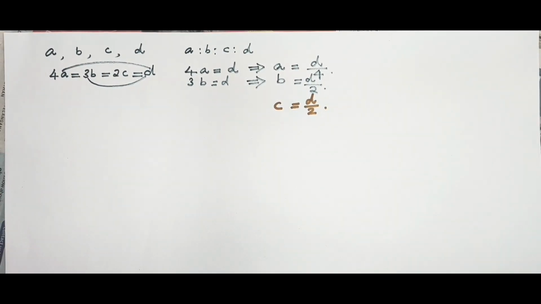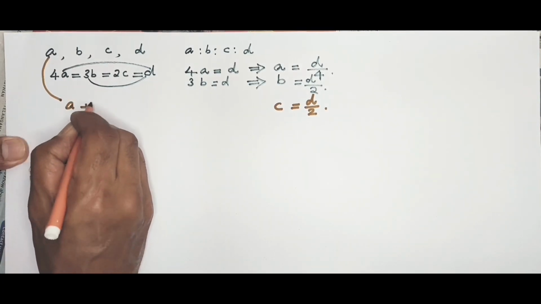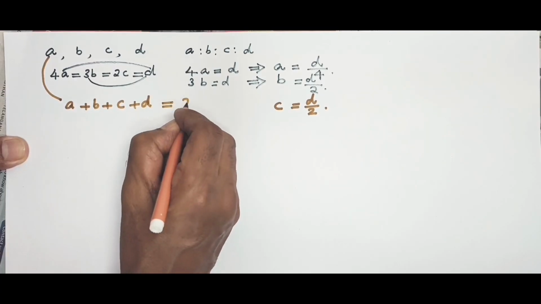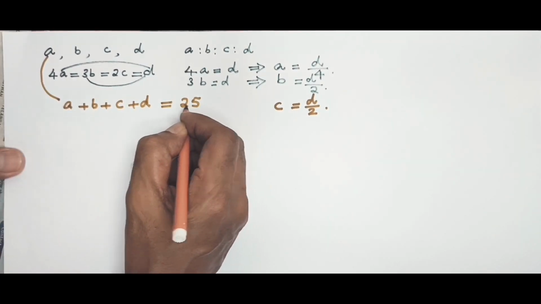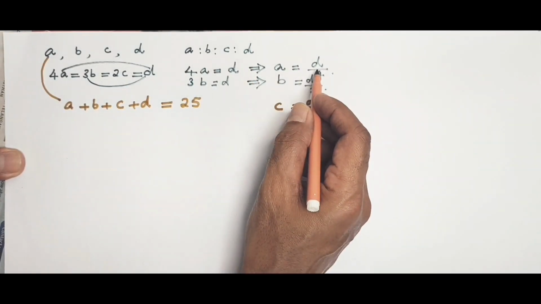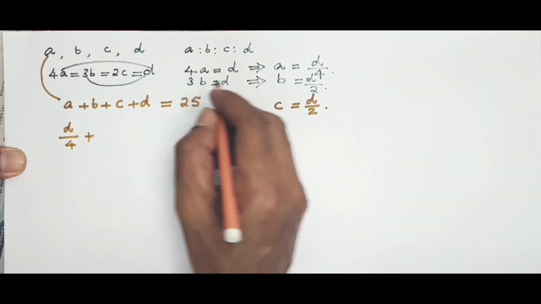Now we know the total amount getting distributed among the 4 sons. These are the shares of each of the sons. Sum of these shares, which is A plus B plus C plus D, will be equal to 25 crore because the money is getting divided among these 4 sons. Instead of A, we will write D over 4. Similarly, B, D over 3.